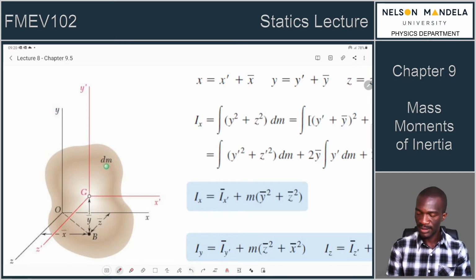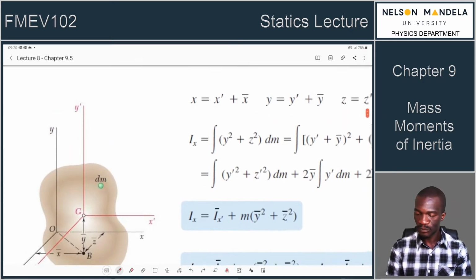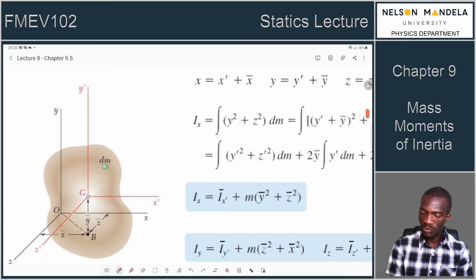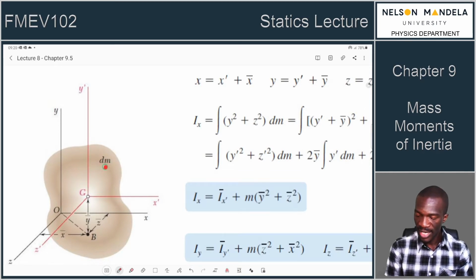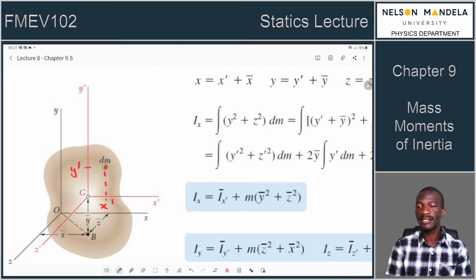If our centroidal axes are located there, we can find the absolute position of our mass element, located at some x prime position, and also some y prime position, from the centroidal axis.